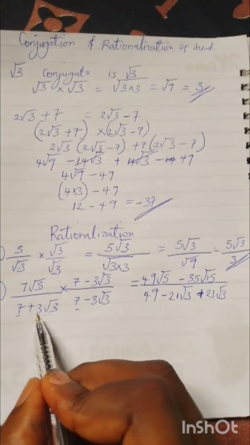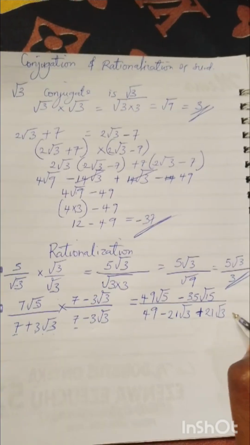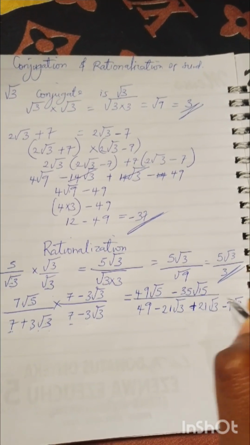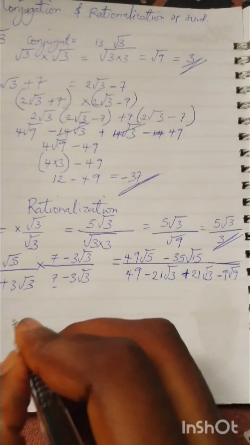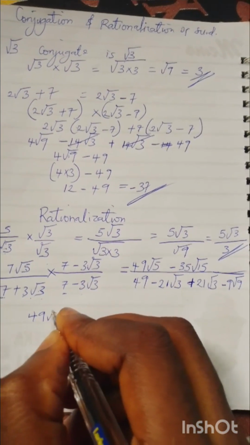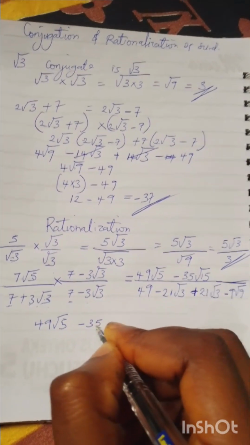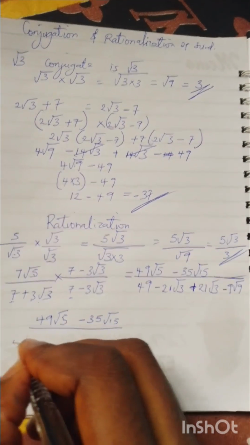Plus 3 root 3 multiplied by minus 3 root 3 is going to be giving me minus 9 root 9. Now if I simplify this, I'm going to be getting 49 root 5 minus 35 root 15 all over 49 here.